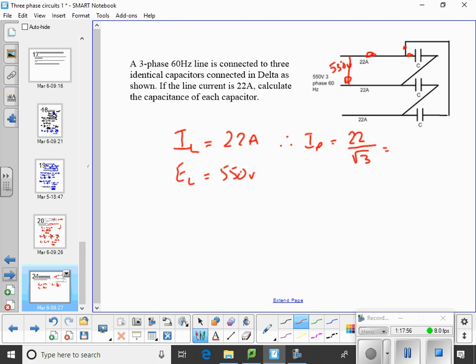Rather than calculate that there, what you're saying is XC is equal to EL over IL/√3. And if you do it all in one go, you're not rounding twice. So that's 550 volts divided by 22/√3.